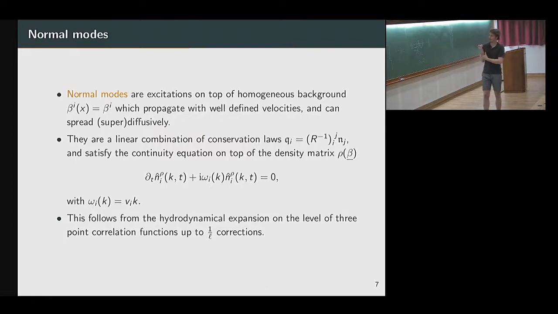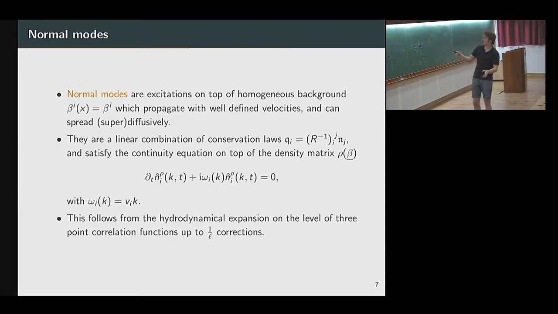Another concept that's quite useful is the notion of normal modes. If you remember the picture I showed you, normal modes are excitations which, on the Euler scale, behave as localized peaks moving with constant velocities. We can obtain normal modes simply by diagonalizing the Drude weight matrix, and their speeds, as I mentioned before, are also obtained as eigenvalues.